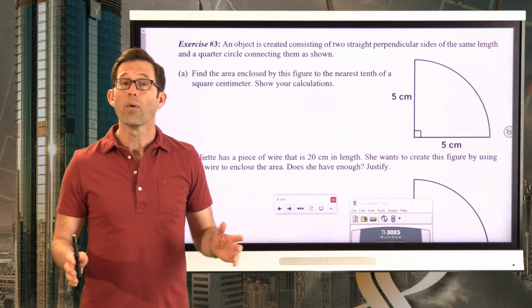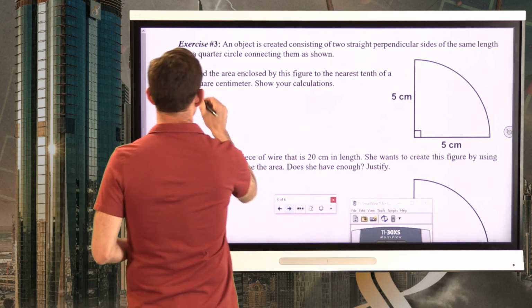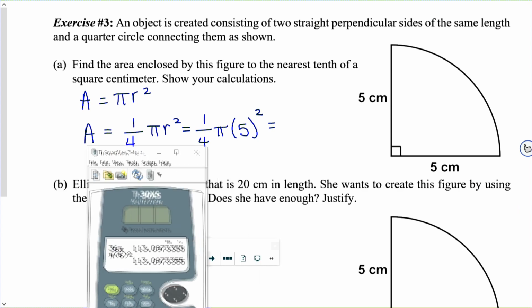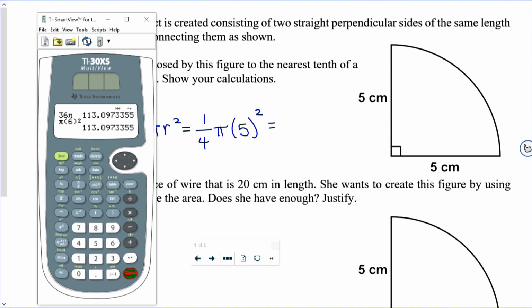All right, well, we know that the area of a circle is pi times r squared. But the area of this particular sector is going to be only 1/4 of that. So I'm going to build that 1/4 in right away. My radius here is 5. And in fact, I'm going to put it all into my calculator just like that.